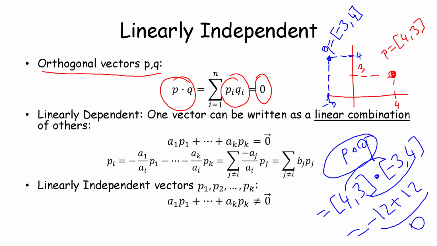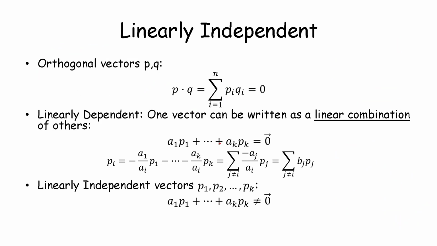Therefore, p and q are orthogonal vectors. A common way to show vectors graphically is to draw an arrow starting from the center of the coordinate system to the point. So that's my vector p, and this is my vector q. Geometrically, orthogonal vectors are perpendicular to each other.